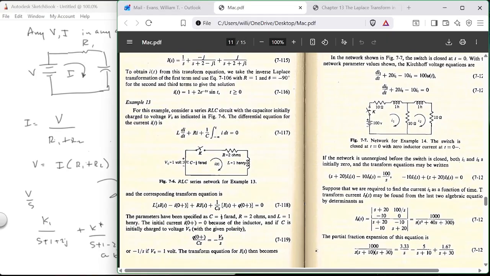Now, here is one where there is a precondition. What is I? Well, you write the equation around the loop. There's a precondition. V0 is minus 1 volt. So see what you do here?